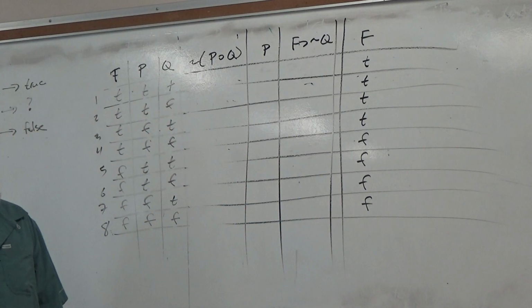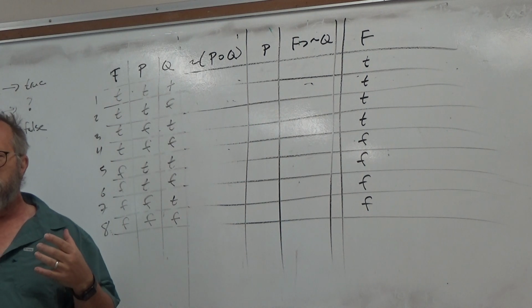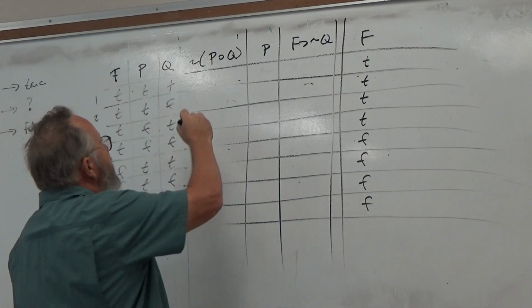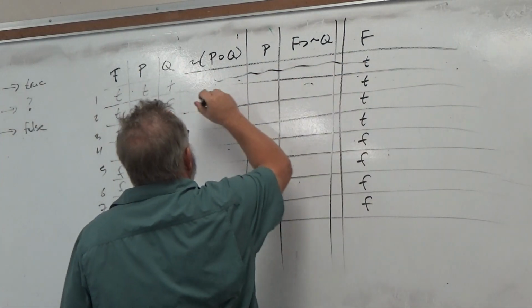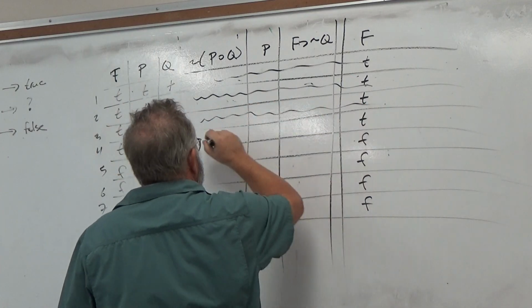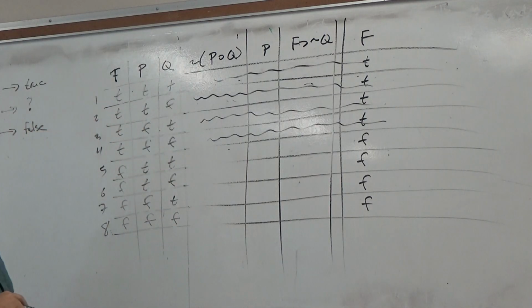Okay. So we can eliminate certain lines from further consideration. Those are the lines where the conclusion is true. So we're going to eliminate line 1, line 2, line 3, and line 4, okay? So we've eliminated half our work.